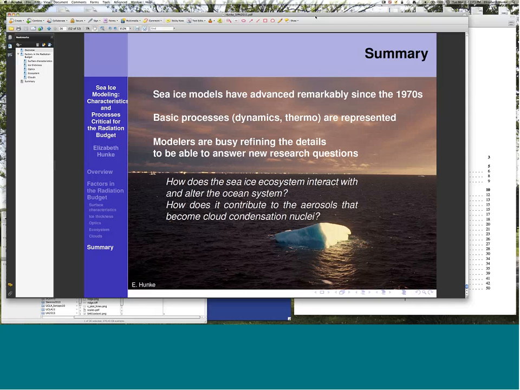There is already basic biogeochemistry in the sea ice models that is being used, for instance, the aerosol plots that I showed you before. What we're working on now is getting those effects in the sea ice fully coupled to the rest of the system so that, for instance, what happens in the sea ice can actually affect the cloud condensation nuclei. That work is being done right now, and so I think it'll be ready to go very shortly.